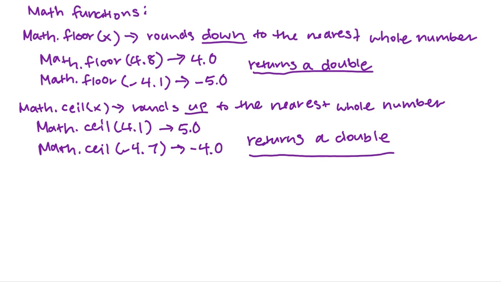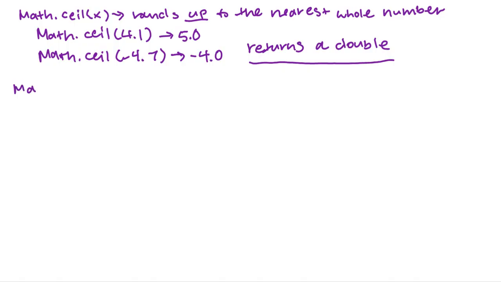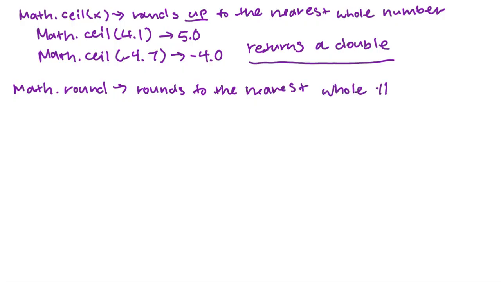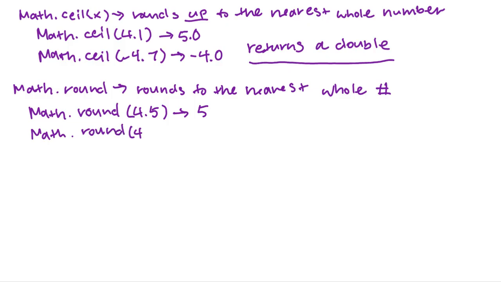The next one we can look at is math.round, which rounds to the nearest whole number. So if we had math.round 4.5, that'll go to 5, and math.round 4.4 goes to 4.